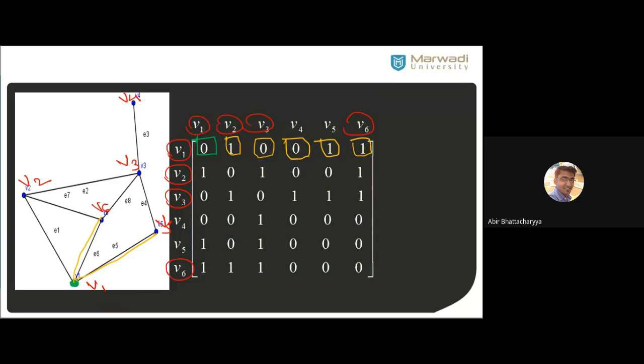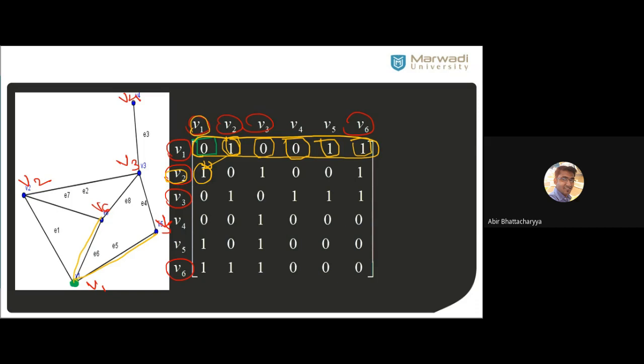Okay, like that. And remember, once I create the first row, because the matrix is symmetric, since V1 is connected to V2, obviously V2 is connected to V1, right? So if it is 1, it is also 1 on the other side. What is a symmetric matrix?